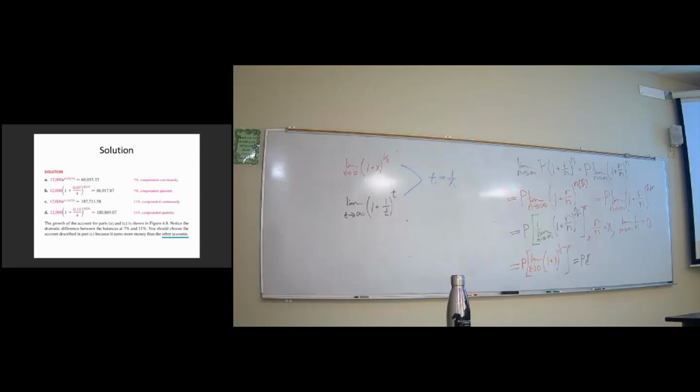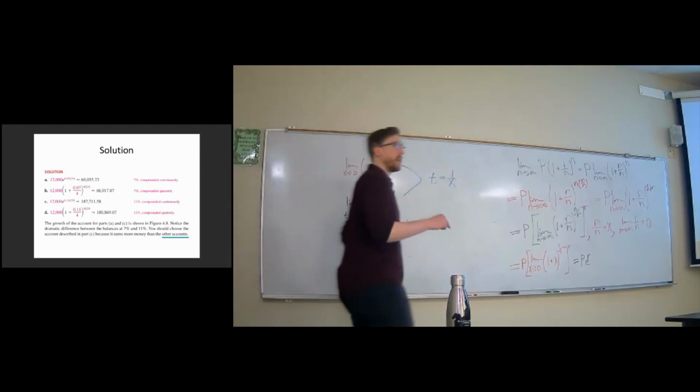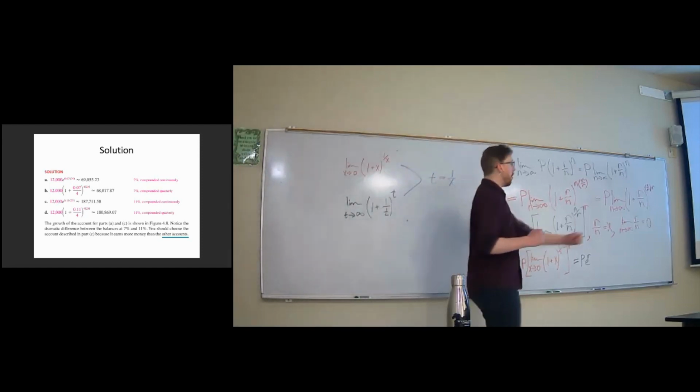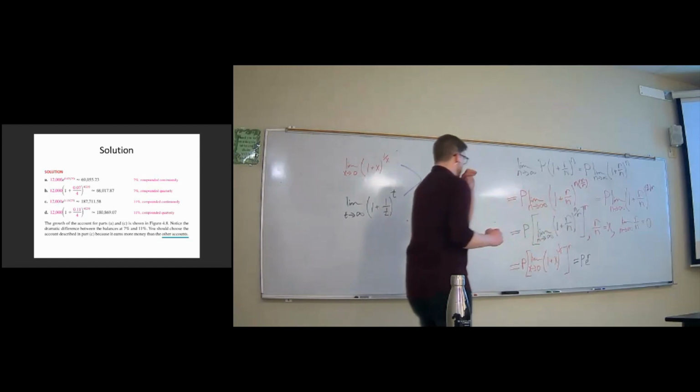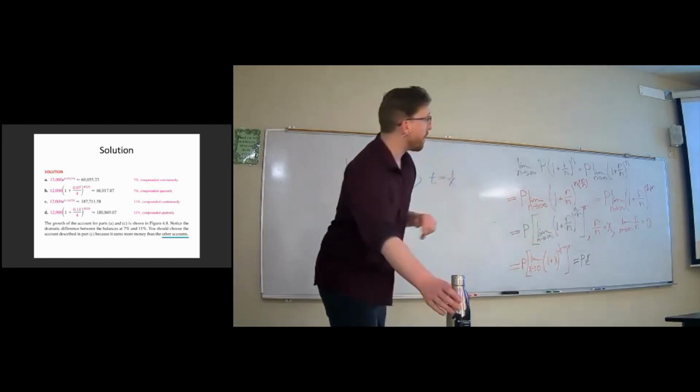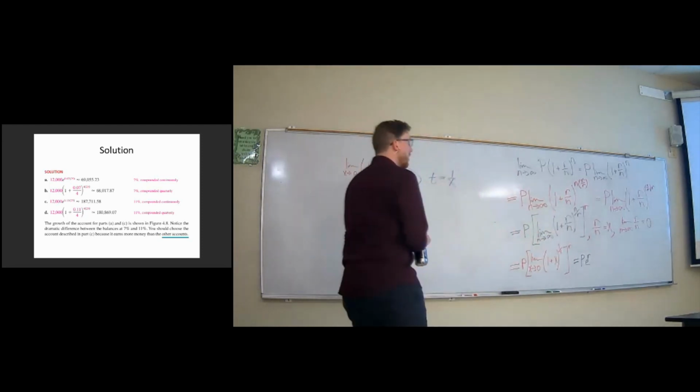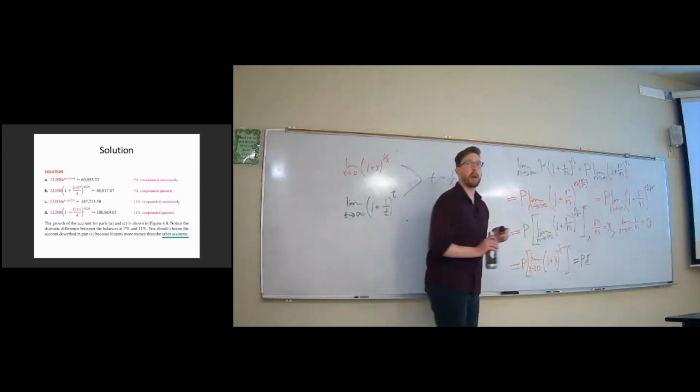And compounding quarterly, you get 180K. So continuously, obviously, the better bet, right? Better bang for your buck, unless it's interest on a loan. If it's interest on a loan, you would prefer quarterly compounding, right? However, if it's something like a CD, you would prefer continuous compounding.